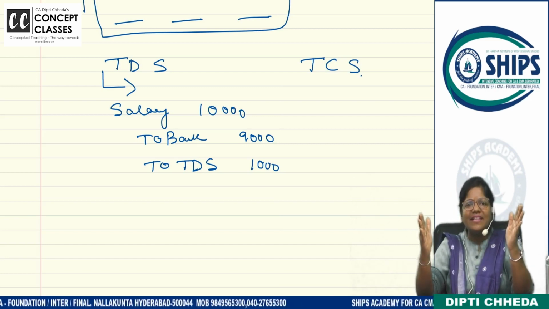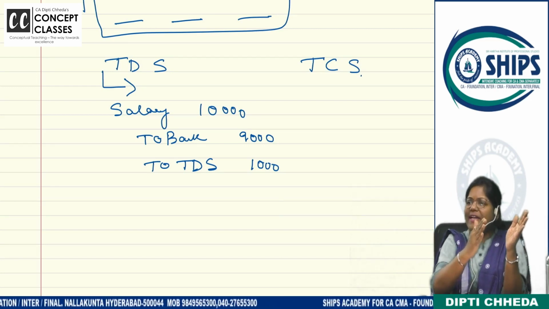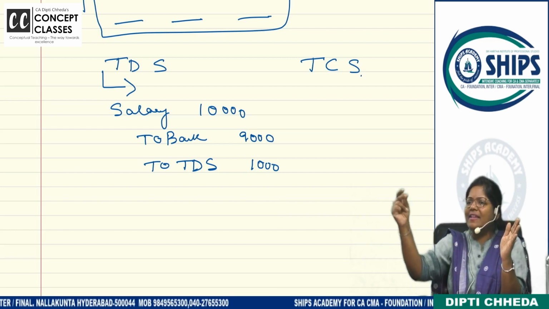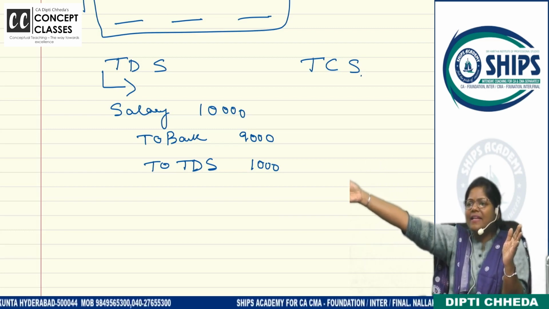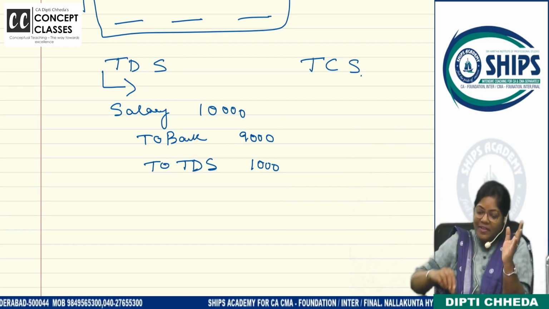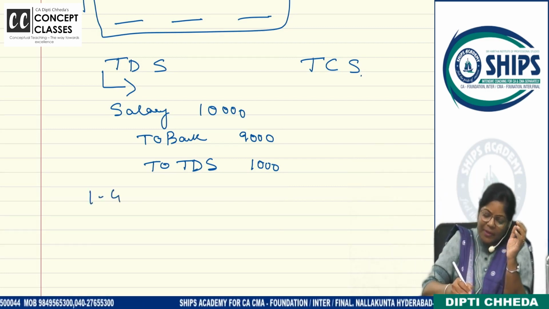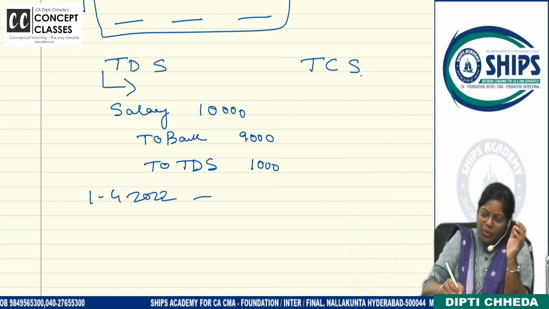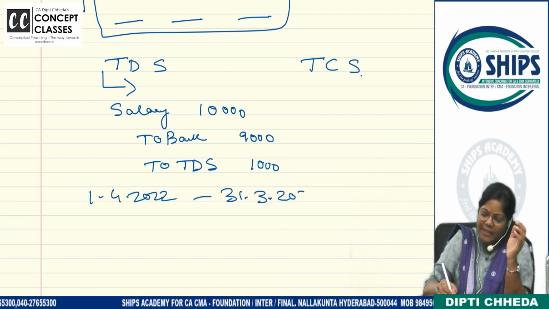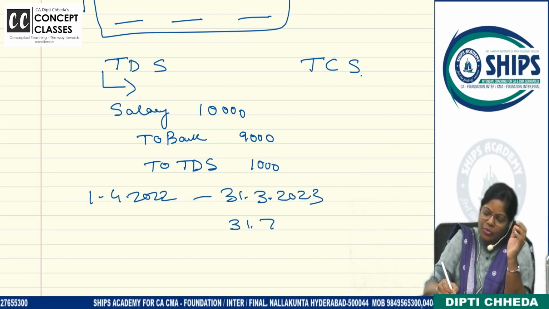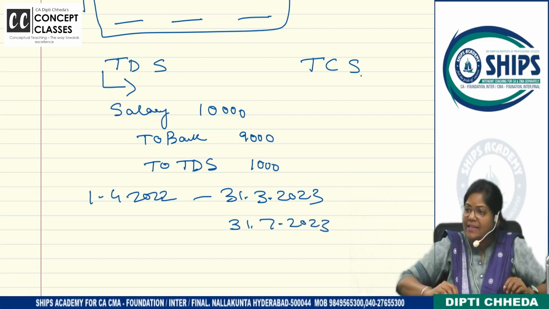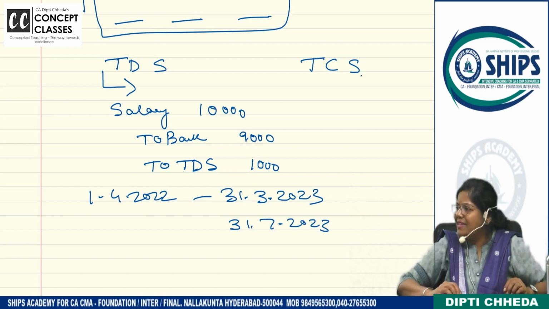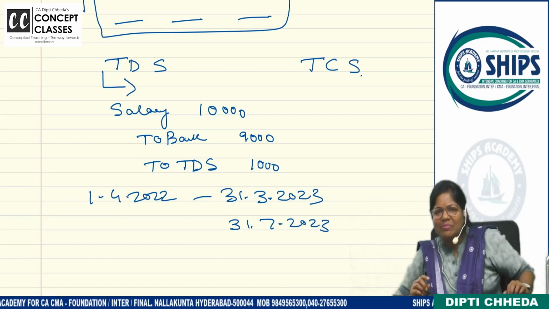What is your financial year? 22, 23. When you are filing your return and paying the tax? Next year. So you are earning from 1st April 2022 to 31st March 2023, and now you are filing your return in July 23 and paying the tax in 23. Isn't it quite a long time?